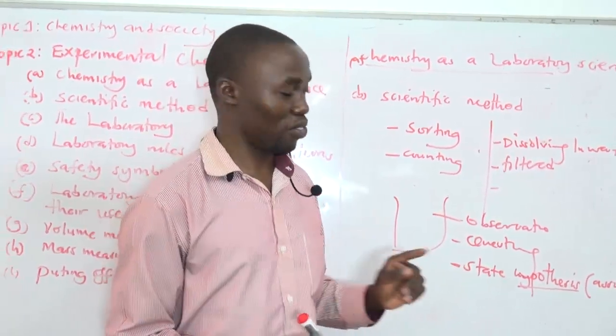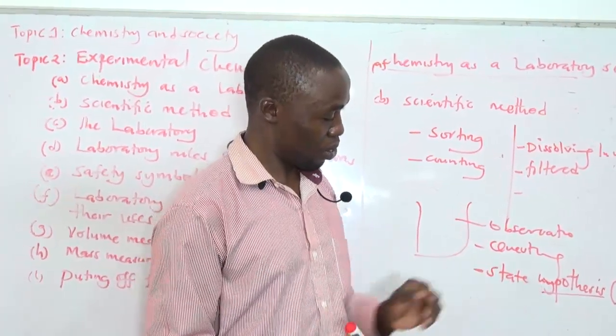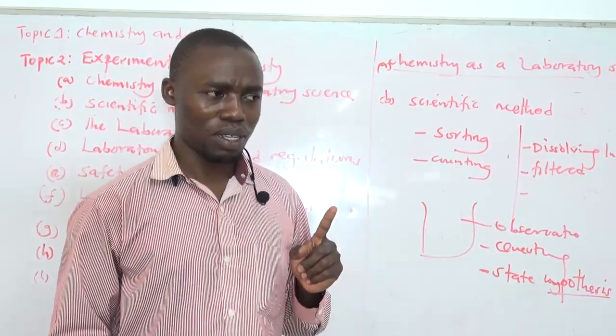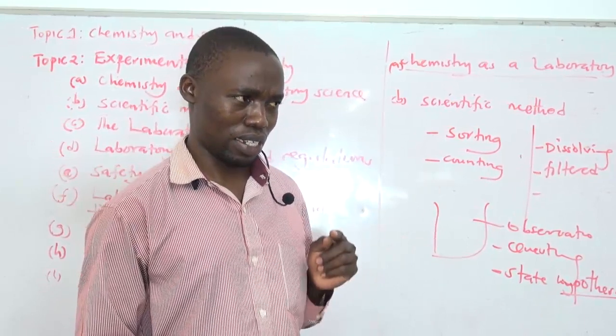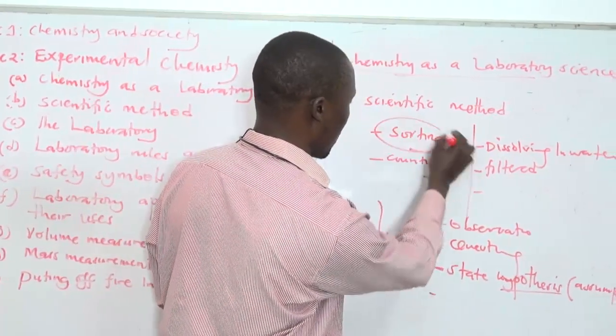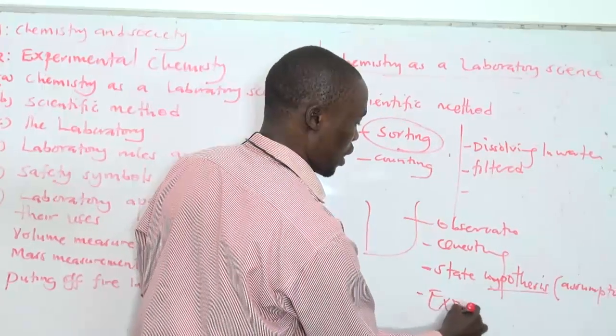Don't state a theory, you first state a hypothesis. Then, because of the hypothesis, you are saying maybe there are 100. Then you go on to the next stage, sorting, which we are now calling what?